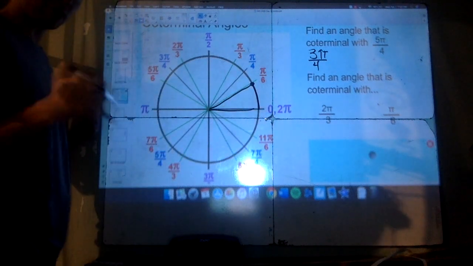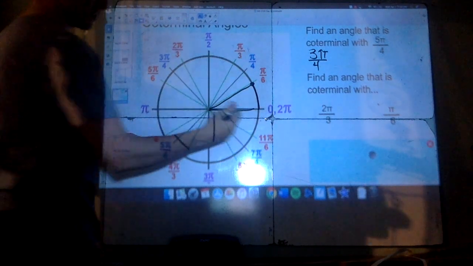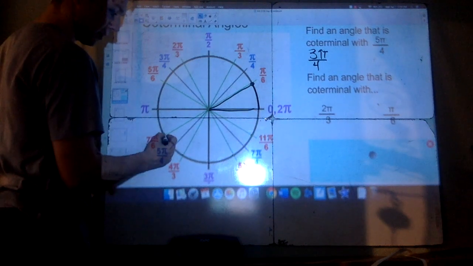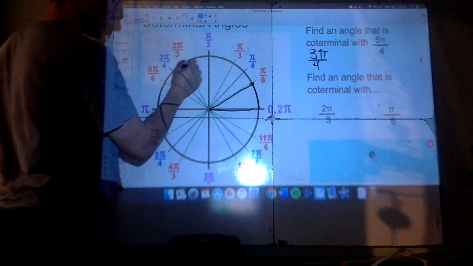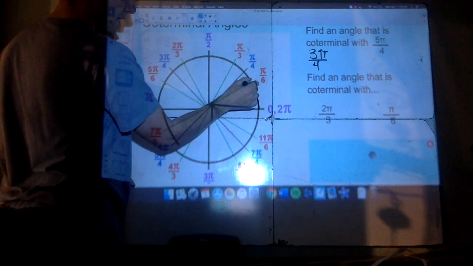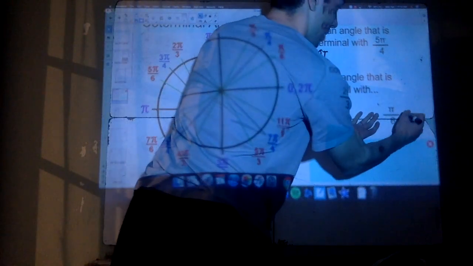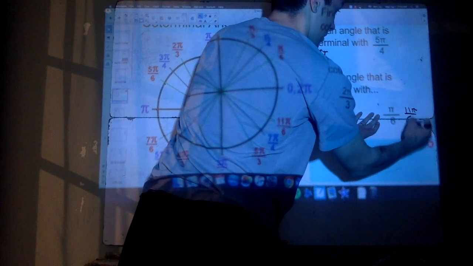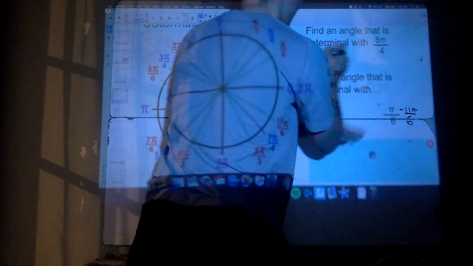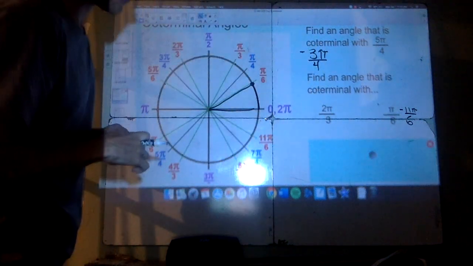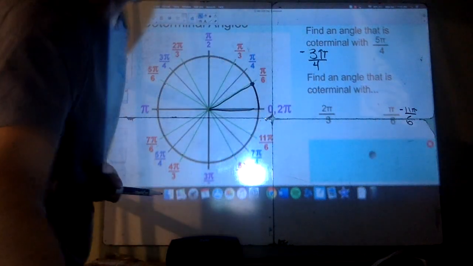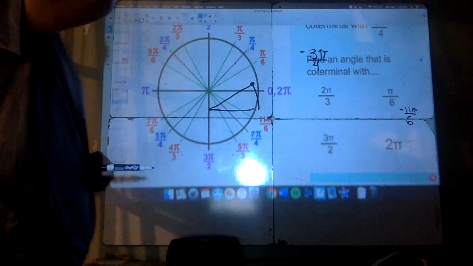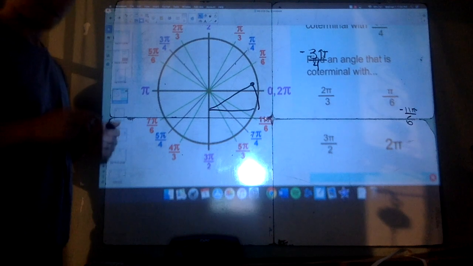We're going to go backwards counting by pi over 6's: 1, 2, 3, 4, 5, 6, 7, 8, 9, 10, 11 pi over 6. And these are both supposed to be negative. I apologize for forgetting that. But I want you to take some time to try to find angles that are coterminal with those.